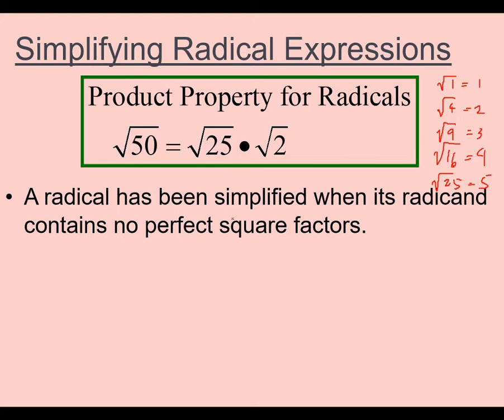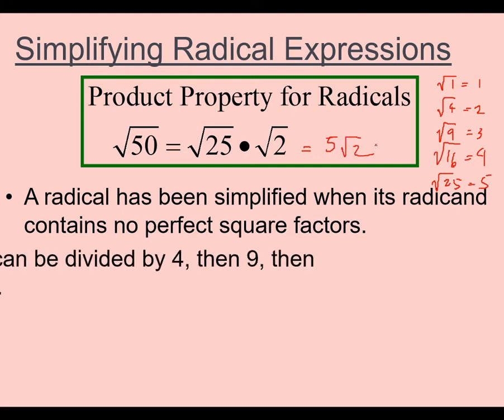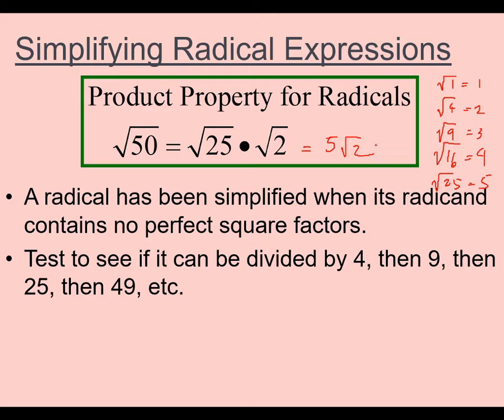So, a radical has been simplified when its radicand contains no perfect square factor. Yan yung sinabi ko kanina. So, this becomes square root of 25, 5, square root of 2. Yan. So, to test to see if it can be divided by 4, then 9, then 25, then 49, etc. So, ang isang paraan para matest nyo na siya ay nakasimplify, divide nyo sa 4.